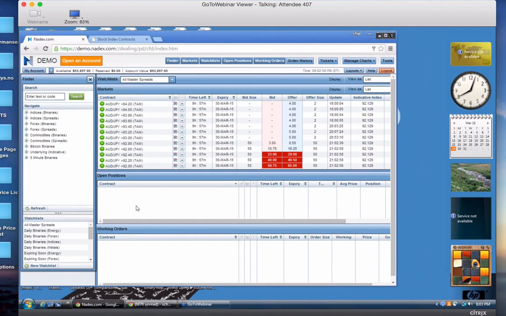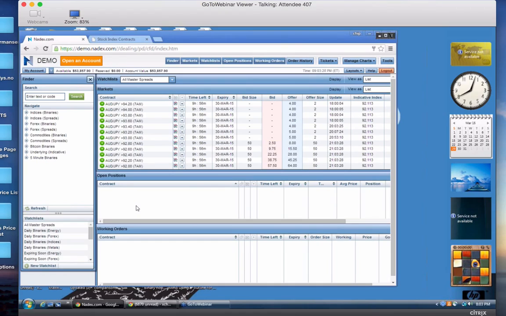Now, here's our screen. I've signed into my practice account, and some of you, at first glance, I'm sure it looks a little like, what the heck is all this stuff? Especially if you've traded binaries before at some other venues where it's pretty much just, I guess we could call it, a continuous at-the-money binary that's offering some type of payout return if you're right.